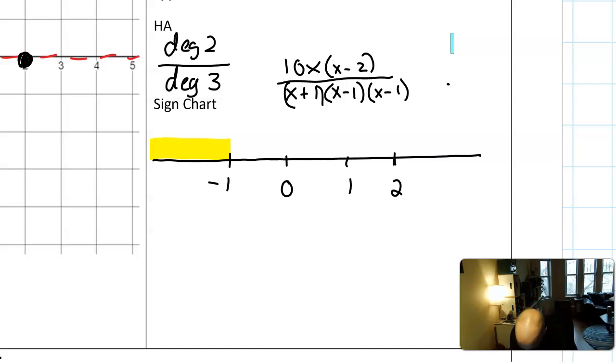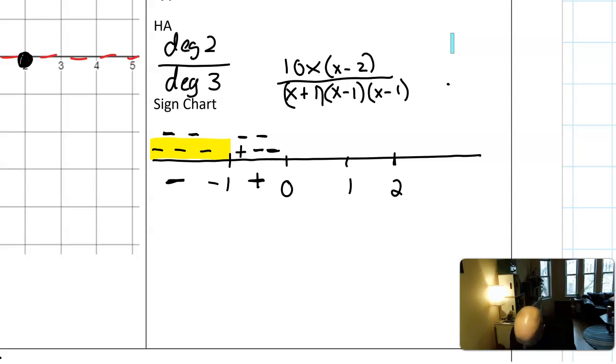But we'd have an x would be negative, x minus 2 would be negative, x plus 1 and x minus 1 would all be negative. So we just have 5 negative things. 5 negatives makes a negative. When we cross over -1, the top 2 would still be negative. X plus 1 becomes positive, but the x minus 1 stay negative. So we got 4 negatives and a positive. So that's going to give us a net positive.